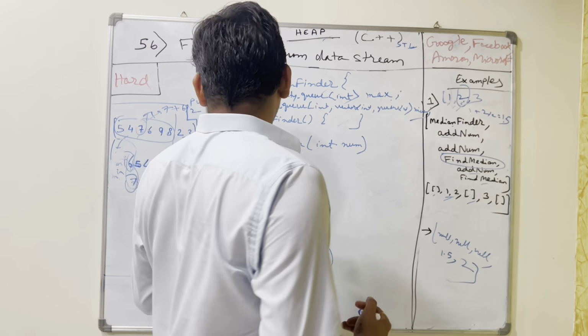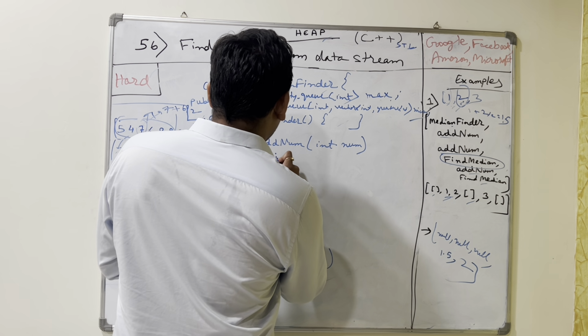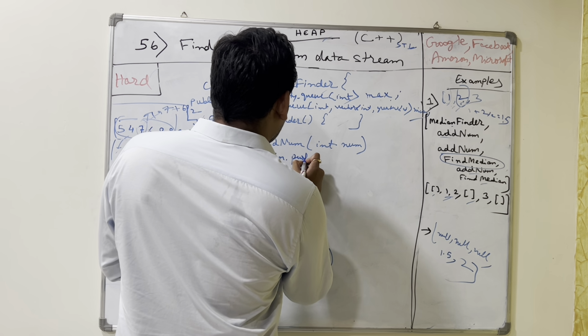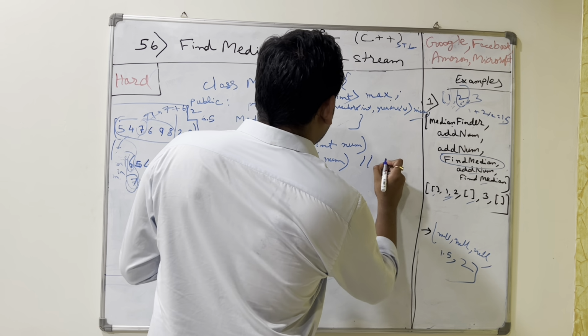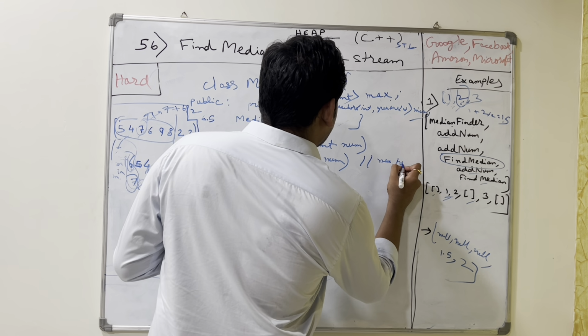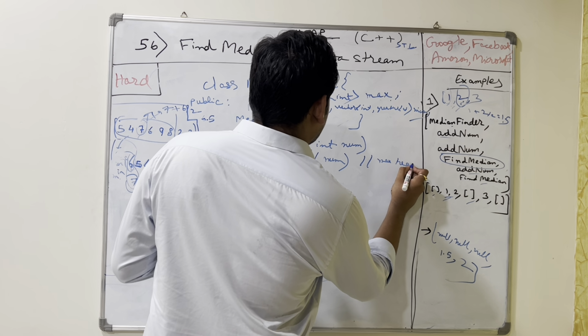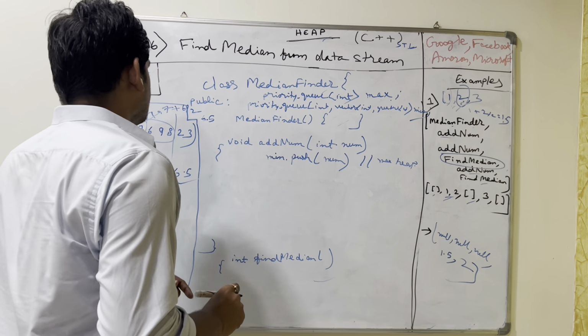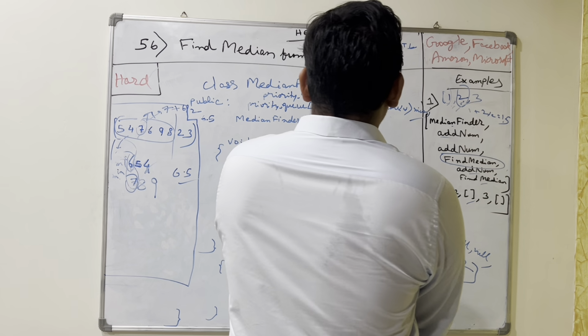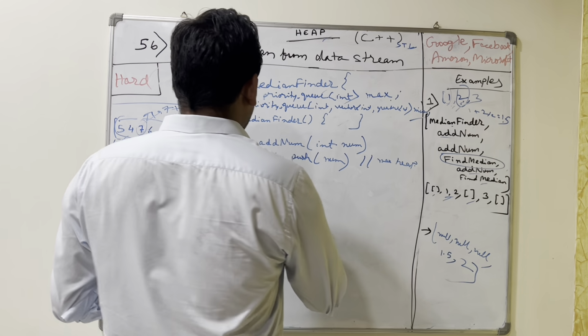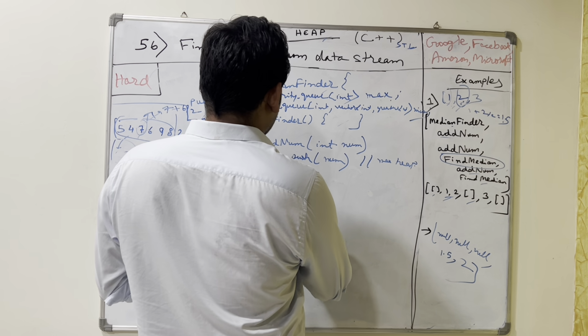So in add num, what we'll do, we will push the element to the max heap. Okay, in the min heap we will push the element.